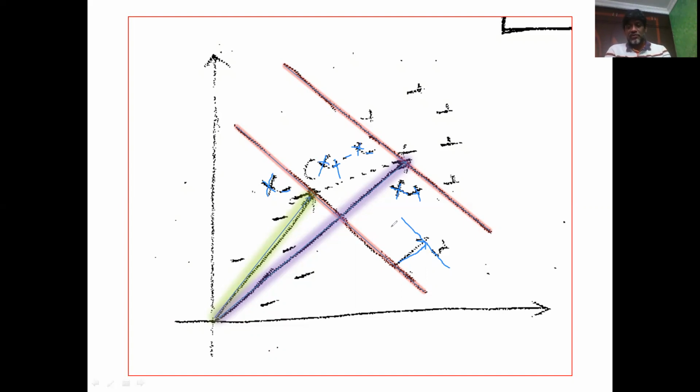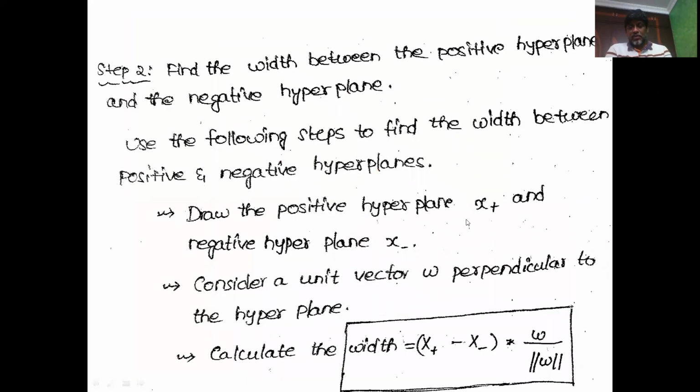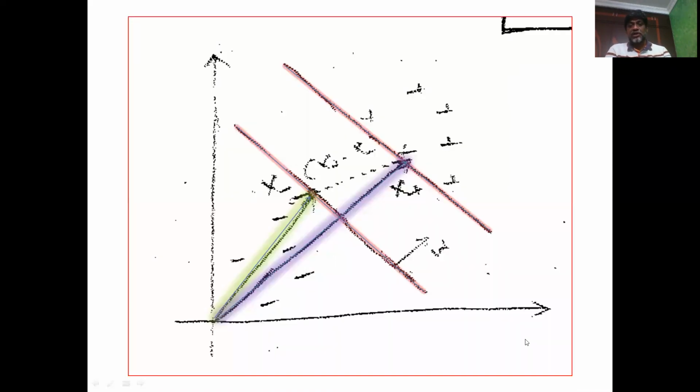That is what we explained in the previous slide. So the width is calculated as (x plus - x minus) into w by mod w. We need to calculate x plus minus x minus now, and then we will identify the formula for calculating width in terms of the unit vector w.